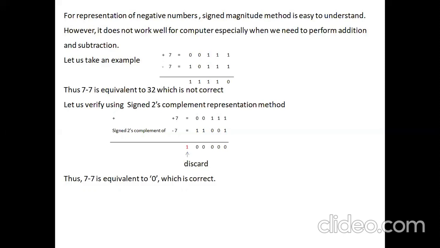After addition, we got an end carry. We are already aware that in 2's complement, or r minus 1's complement, when we have an end carry, we have to discard it. So we neglect it, and the answer is all zeros, which is the correct answer.